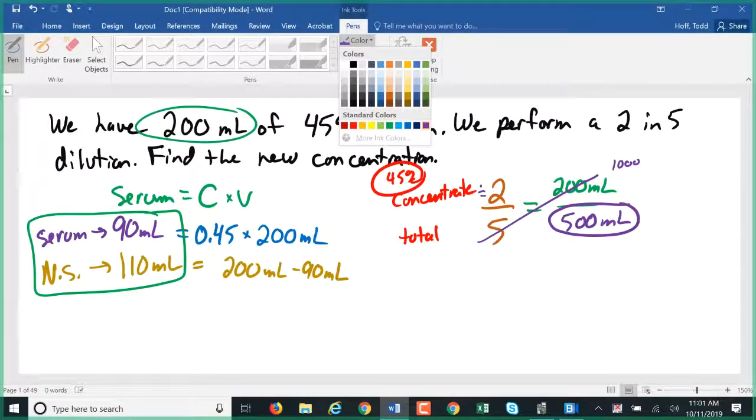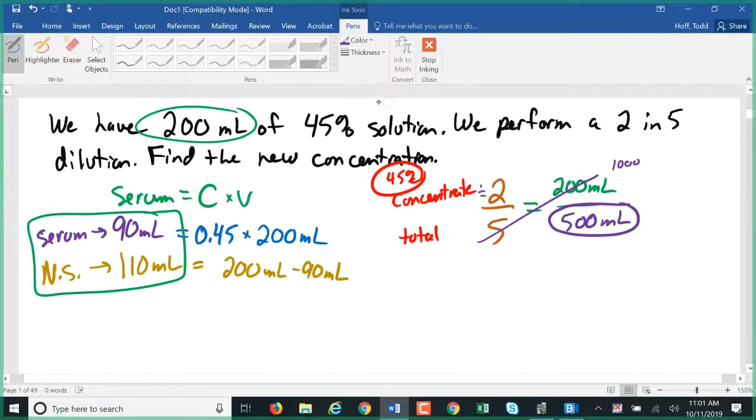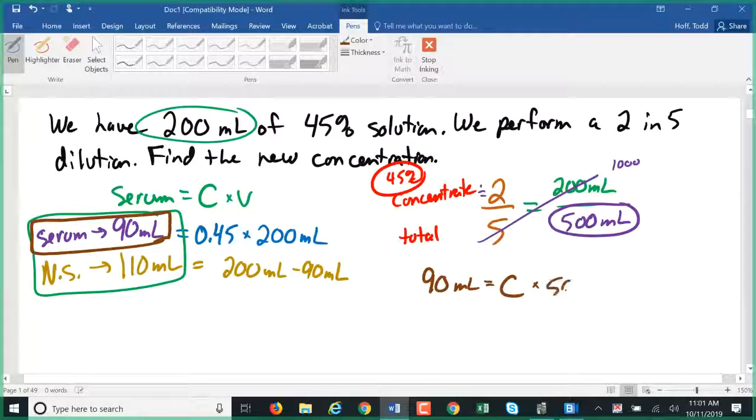In that 500 milliliters, how much serum do we have? Did we add any serum? No. We still have 90 milliliters of serum. 90 milliliters of serum equals our new concentration times that new total volume of 500.